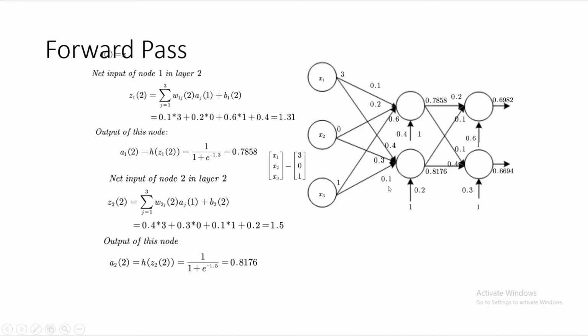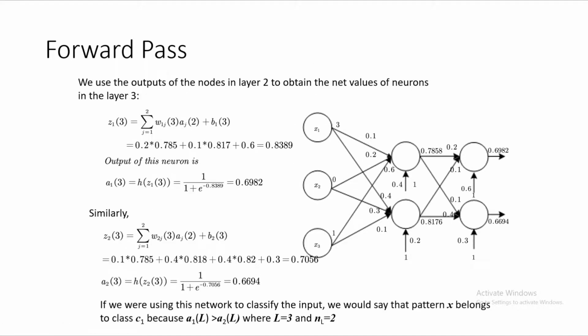Similarly, for node 2 in layer 2, we estimate the net input to the neuron and the activation value here, which is 0.817. And then in the output node, or layer 3, we estimate the output.